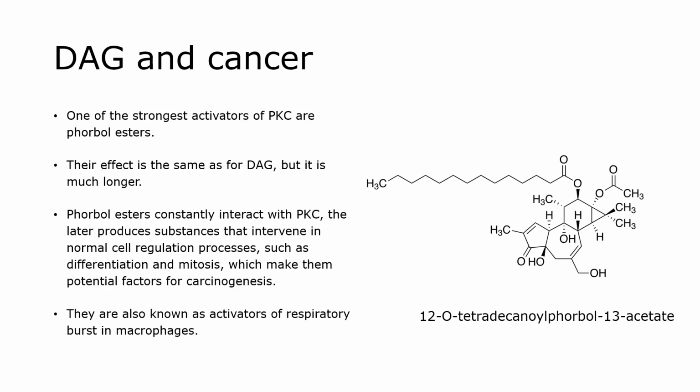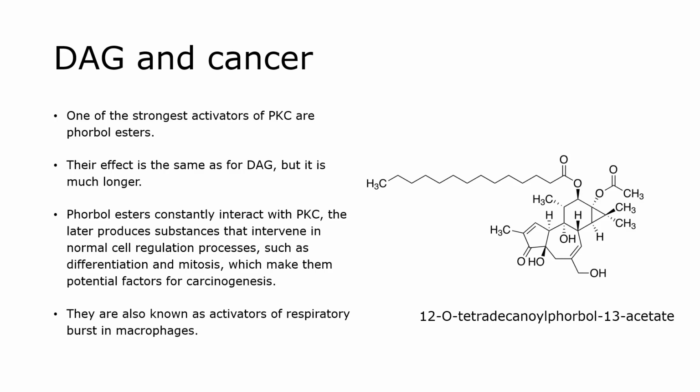Also, we talked about the phorbol esters. They are one of the strongest activators of PKC, and their effect is the same as for DAG, but it is much longer.